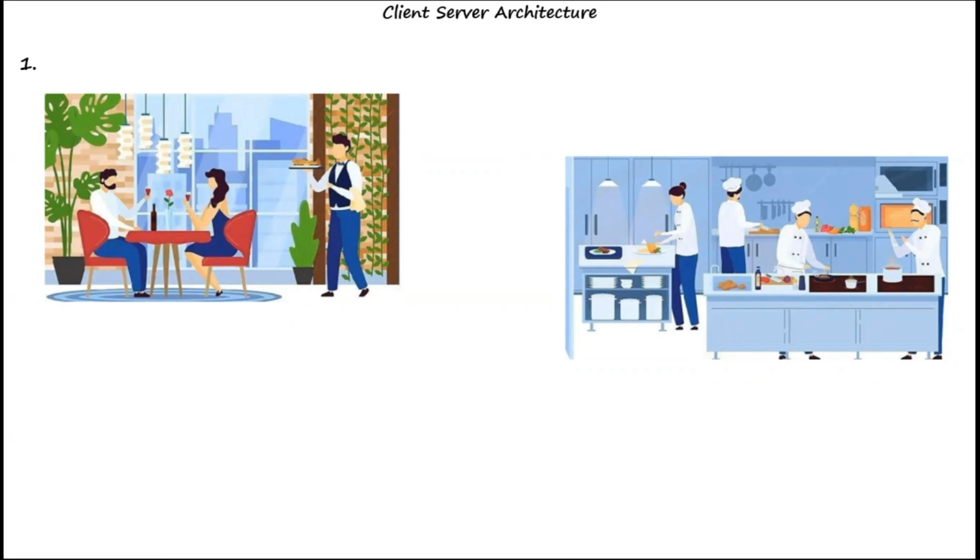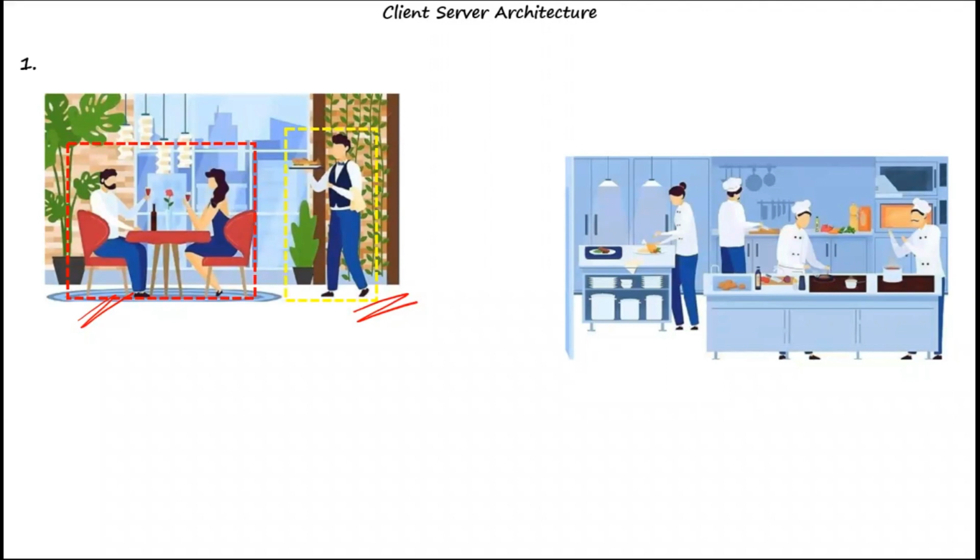Now that you've decided, you want to order multiple items, 3 to 4 items. So you call the waiter. This is the waiter. You say, okay, take my order. The waiter comes, notes down your order, and now he has made the list of 4 different dishes.